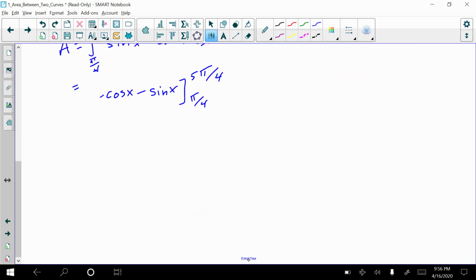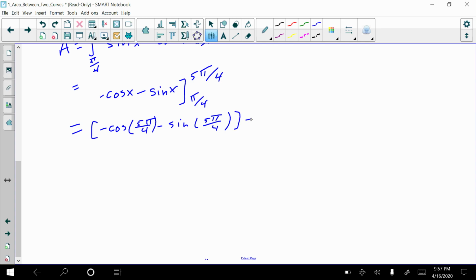And this is where things can get a little tricky as far as making sure that you remember your unit circle all the way through and not just where it's going to be a 0 or 1. So in this case, we start substituting. Negative cosine of 5 pi over 4, minus, close your parentheses, sine of 5 pi over 4.